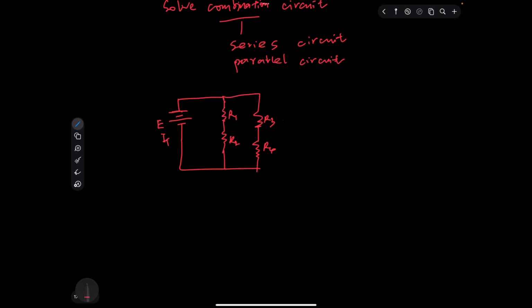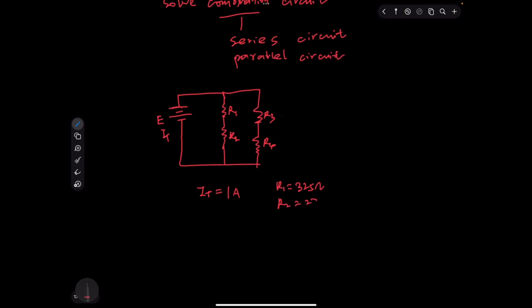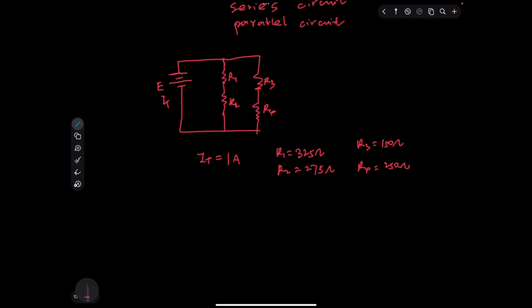What is given is IT equal to 1 amp, R1 equal to 325 ohms, R2 equals 275 ohms, R3 equals 150 ohms, R4 equals 250 ohms.